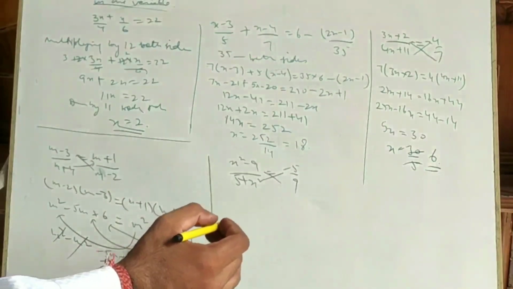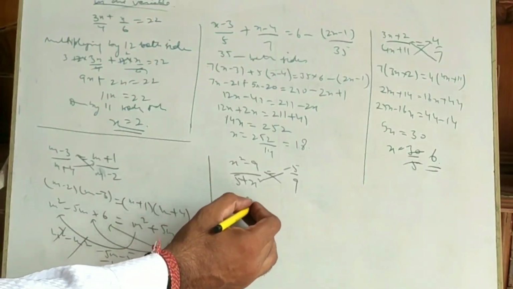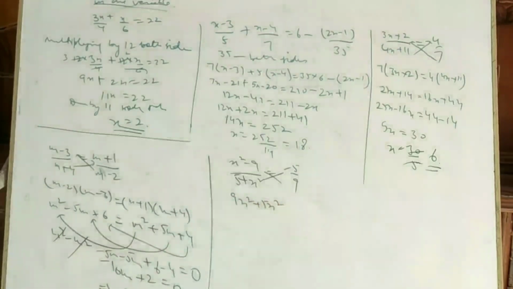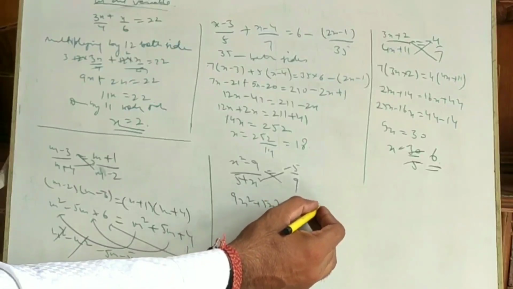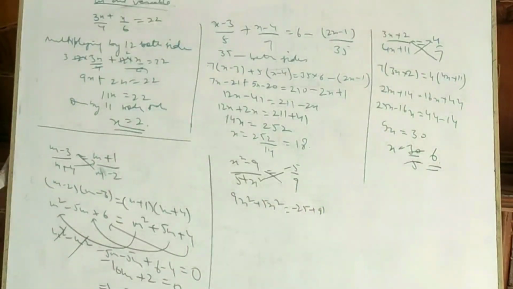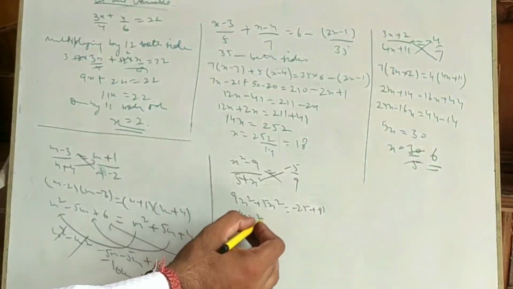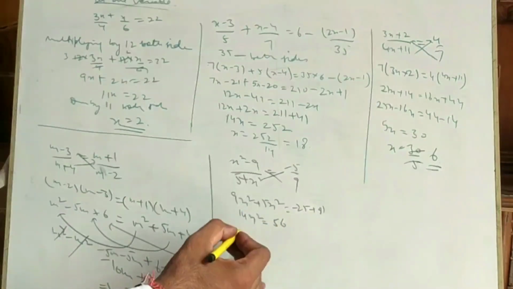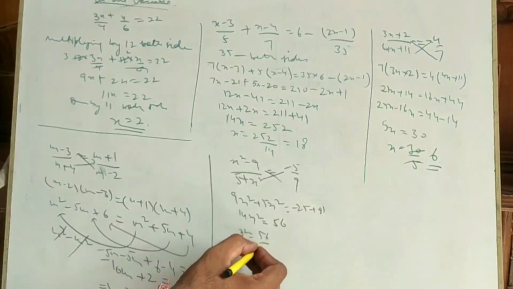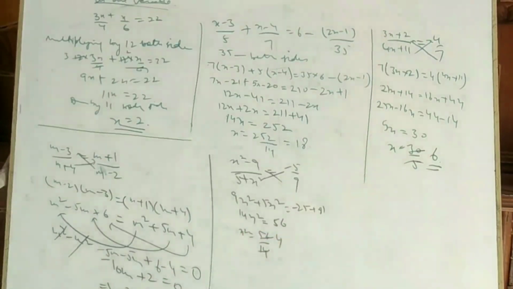So we will have an equation like 9x square plus 5x square is equal to minus 25 plus 81. So this will be 14x square is equal to 56. So x square will be 56 divided by 14, and it will be 4.